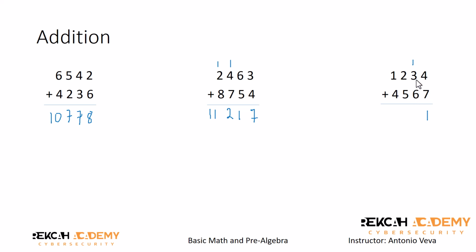In the tens column, we have 6 plus 3, which equals 9, plus the carried over 1, so it will give us 10. Then we carry over the 1 to the hundreds place. 5 plus 2 is 7, plus 1, the carried over number, equals 8. And the last is 1 plus 4 equals 5. So we have a final answer, 5,801.